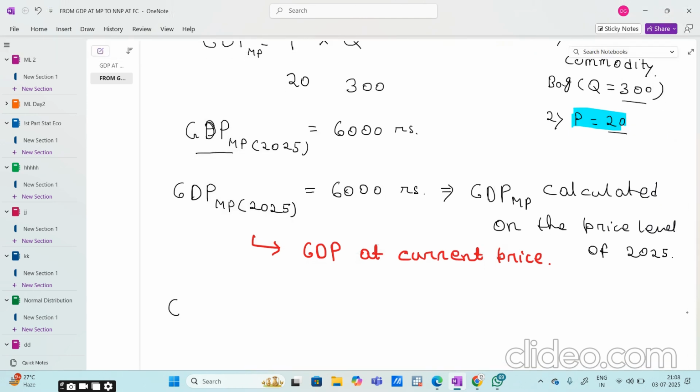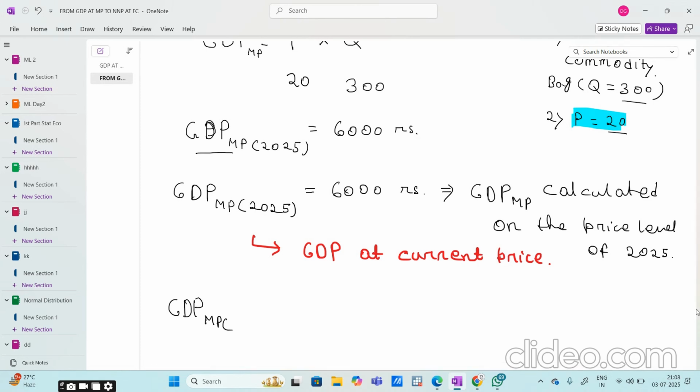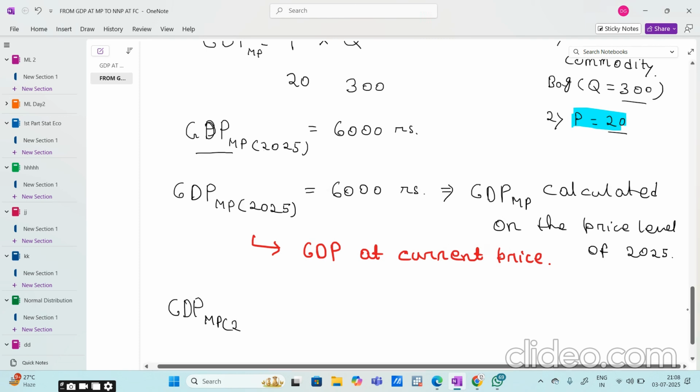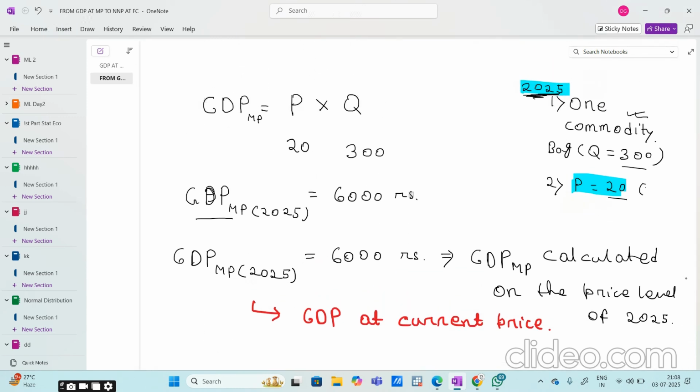Now my question will be then, what is GDP at constant price? Suppose this is still GDP at market price of 2025, but now this is the price of 2025, right?